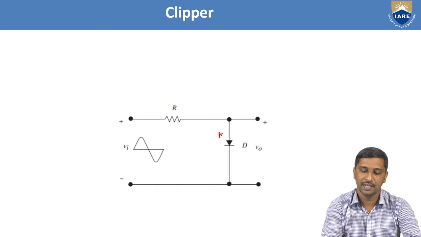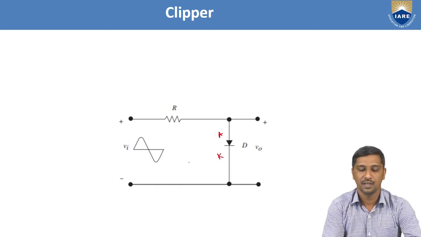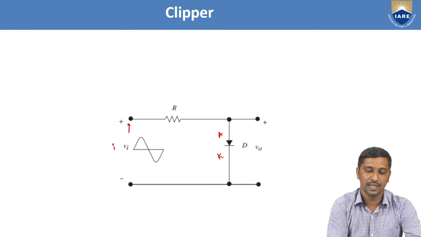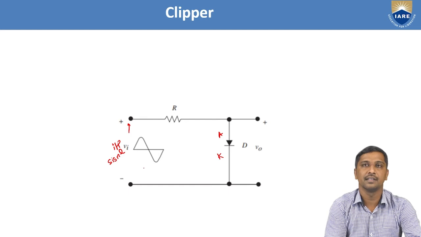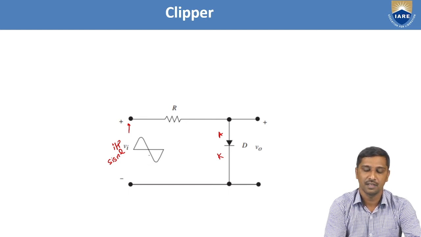It has an anode, and this polarity is the cathode. We apply an input signal which is an AC signal, of sinusoidal nature, hence it contains both peaks, positive and negative.